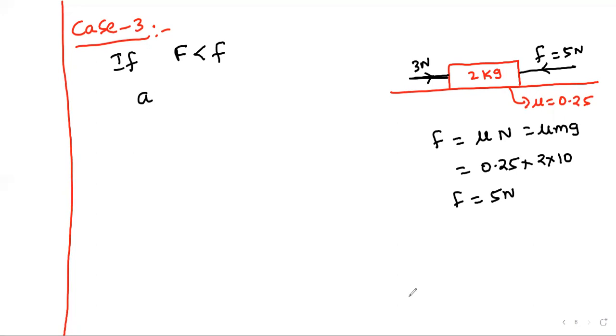Let us consider I am applying a force of 3 Newton. Among the 5 Newton of frictional force, only 3 Newton is required to stop the object, but the frictional force is more than 3 Newton.